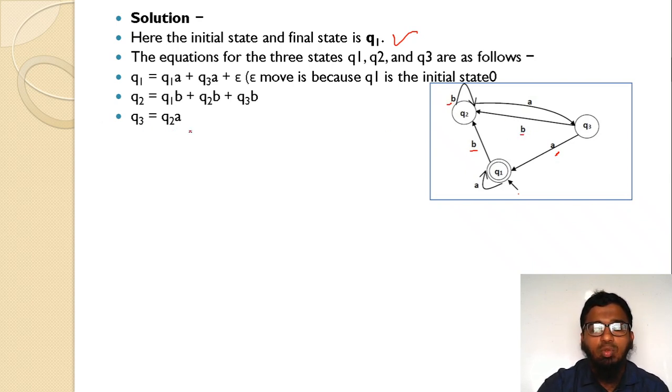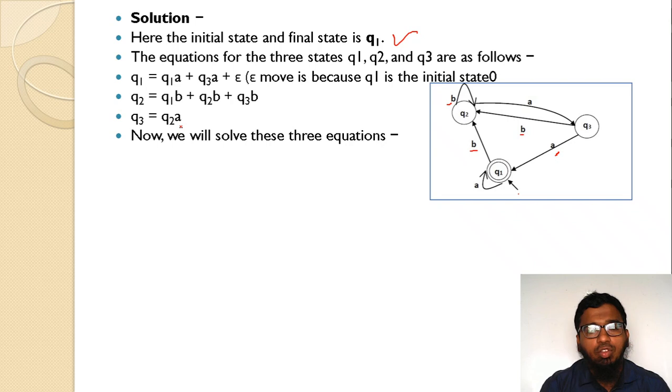In the same way, Q3 is equal to: how many incomings for Q3? Only one. From Q2, Q2 on A is going to Q3. So that is the third equation. Next, now we will solve these three equations.